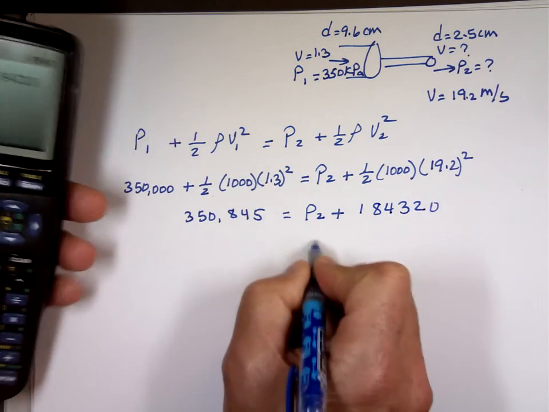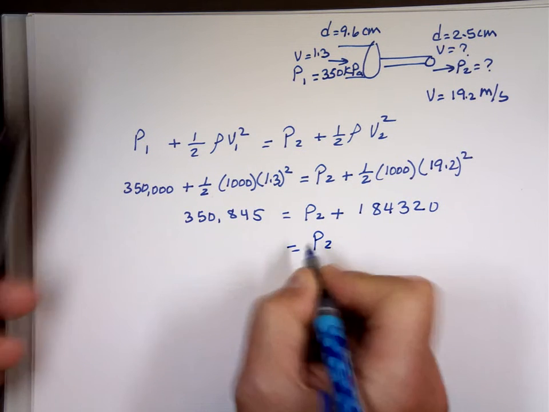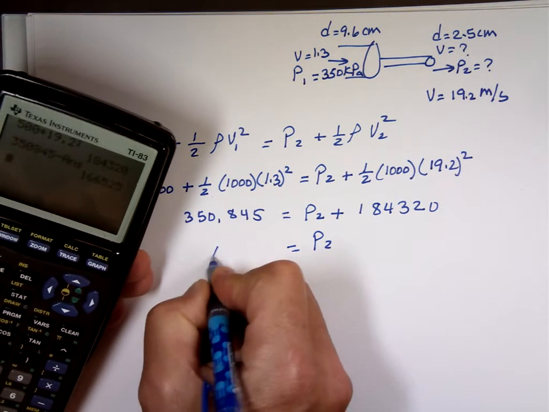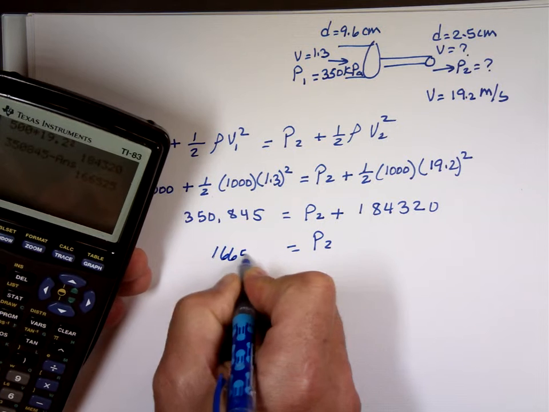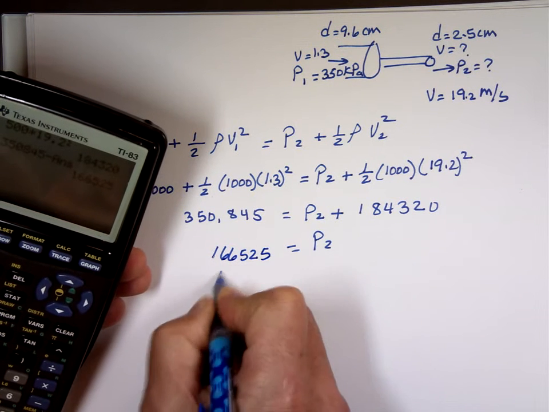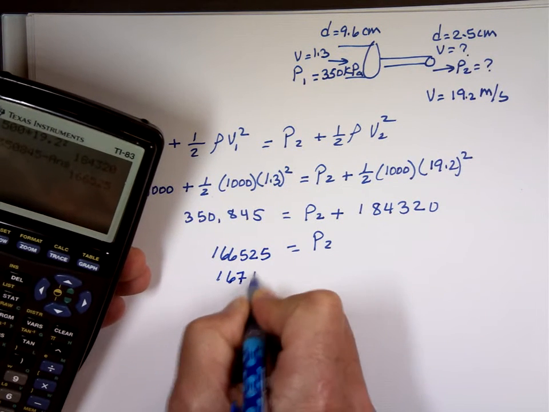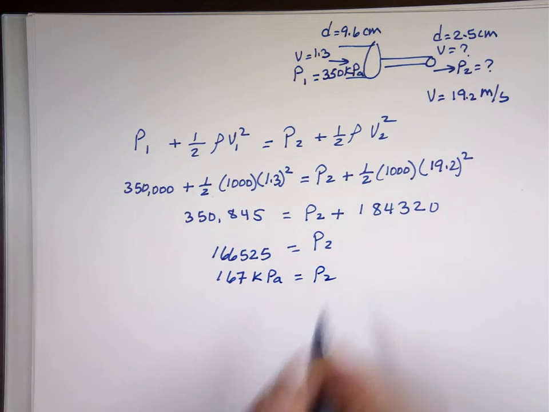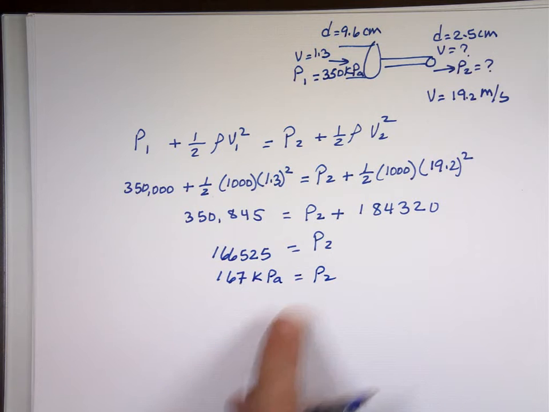What is pressure 2? 350,845 minus that number equals 166,525. Basically 167 kilopascal. It's moving faster here. What's the pressure? Lower.